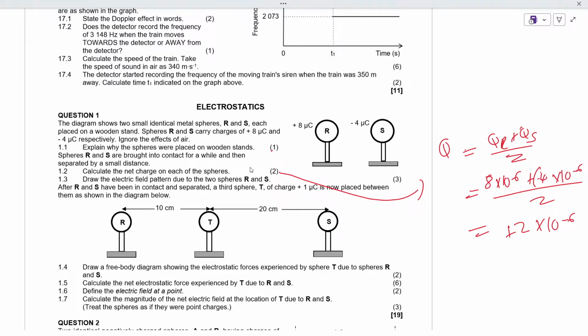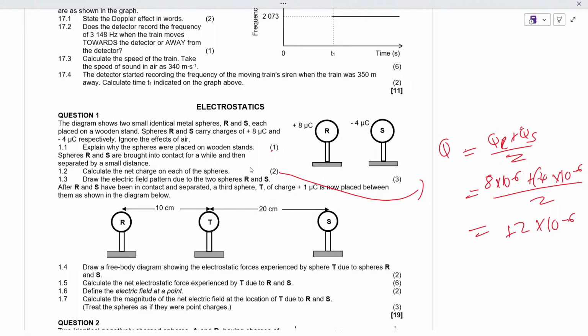After R and S have been in contact and separated, a third sphere T of charge positive 1 microcoulomb is now placed between them as shown in the diagram below.